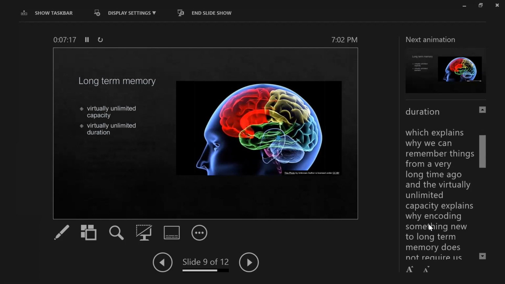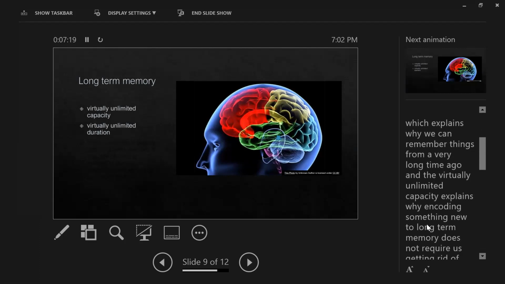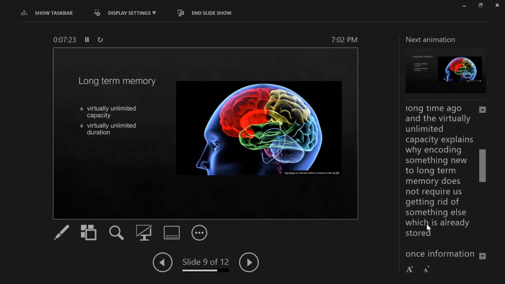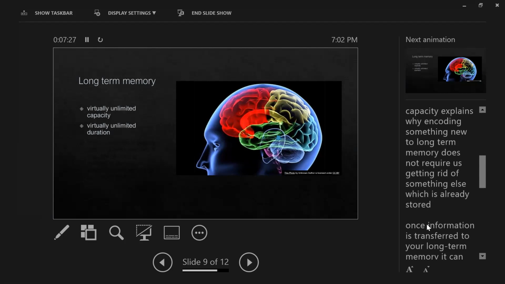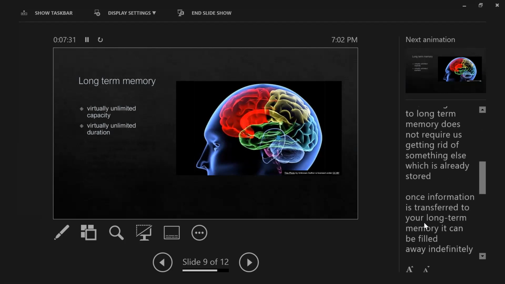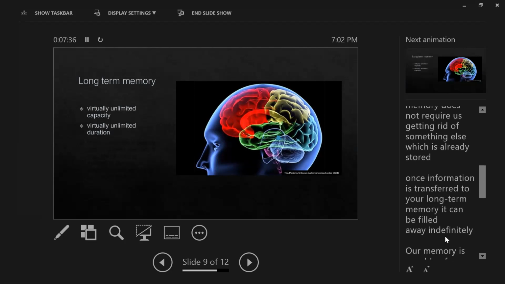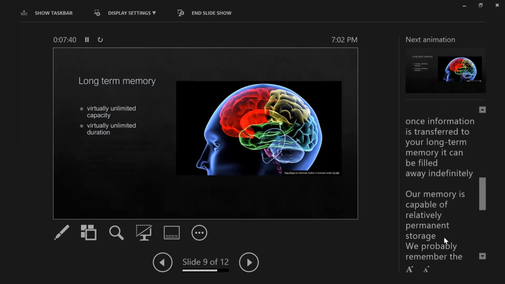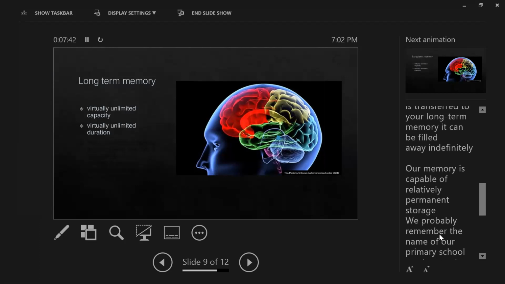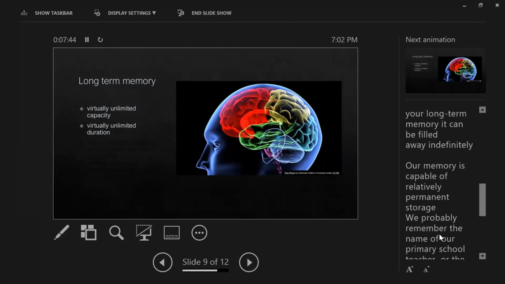Unlimited capacity means that whatever is stored in our memory for a long time doesn't get erased. It's like a big hard drive. Once the information is transferred to long-term memory, it can be filed away indefinitely. Our memory is capable of relatively permanent storage.